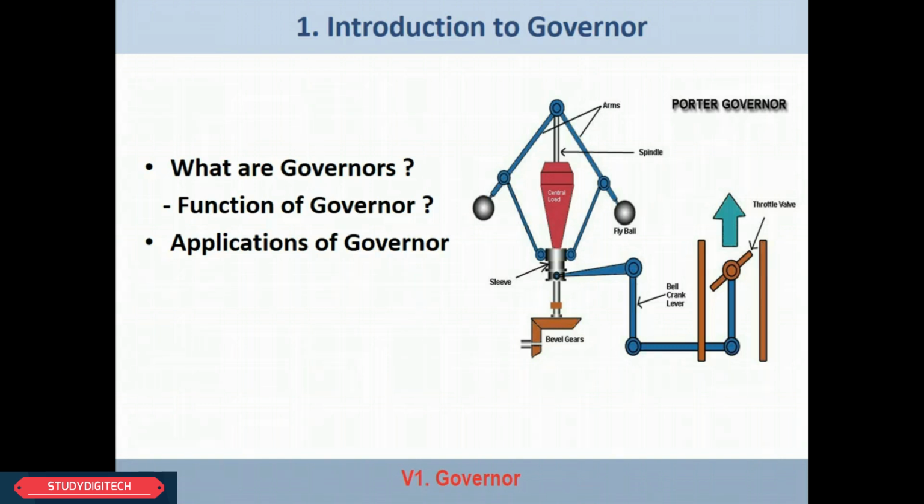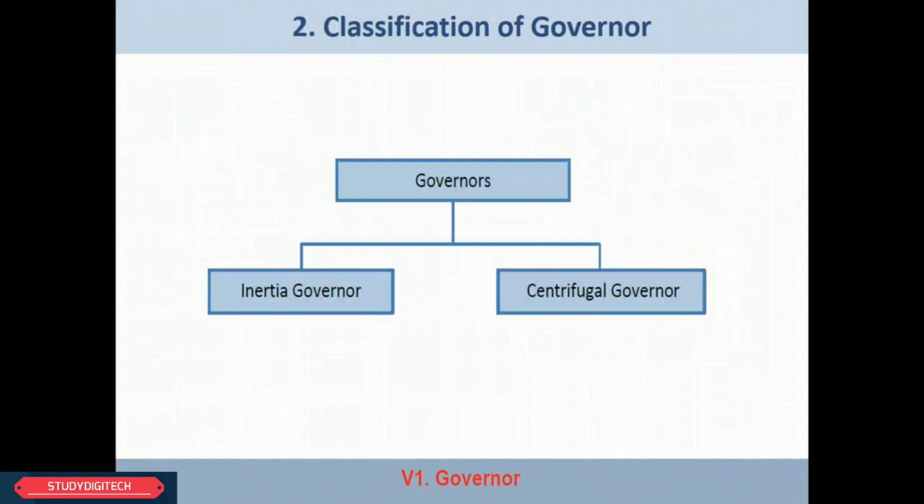Then we are going to classify the governors. Governors are mainly classified into two types: first, inertia governor, and second, centrifugal governor. First we will understand what is meant by an inertia governor. Inertia governors are arranged in such a way that the inertia forces caused due to the angular acceleration or retardation of the governor shaft tend to change their position.